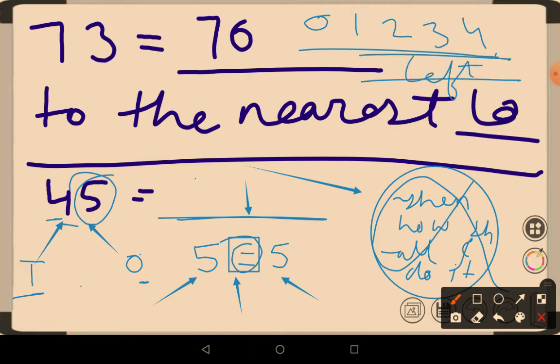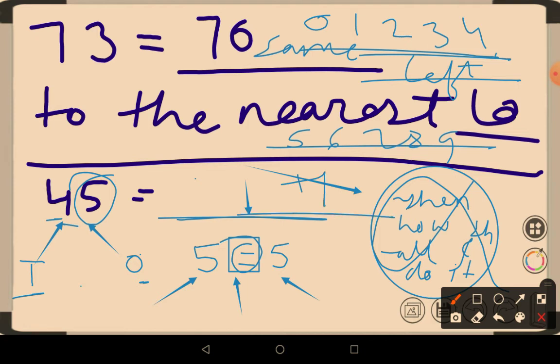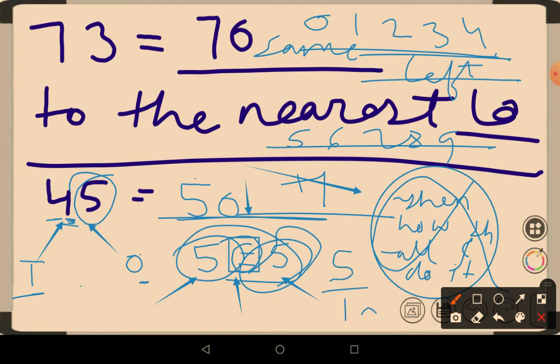If the digit is in the first group, we keep the same. If it is 5, 6, 7, 8, 9, I will add 1. So 5 is in this group, so I will give 1 here. So it will be 50. So you can round off 45 to the nearest 10.